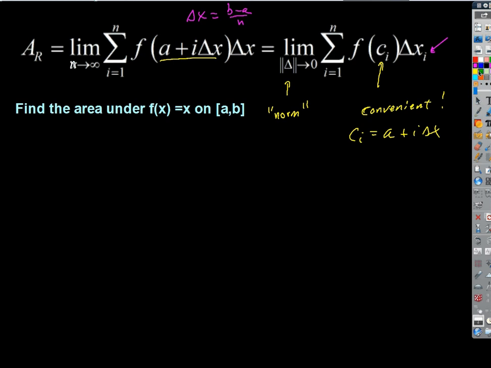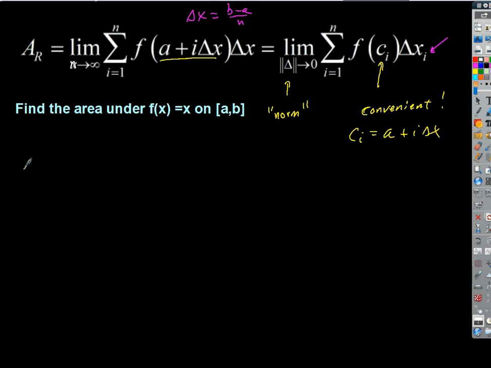So, what's it gonna look like? So what is f of a plus i delta x gonna be in this case? It equals a plus i delta x, right?